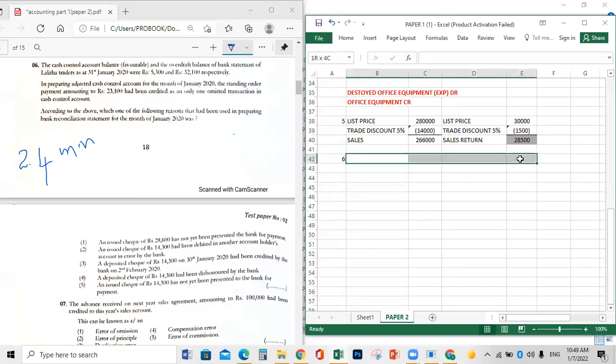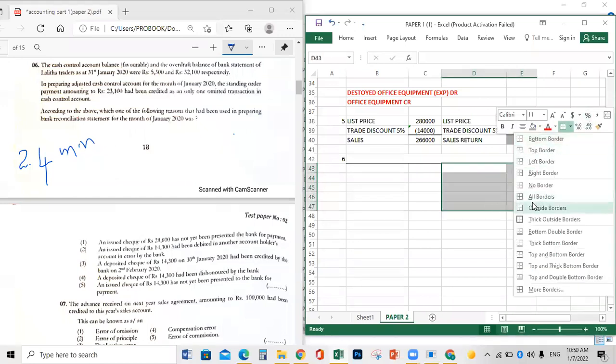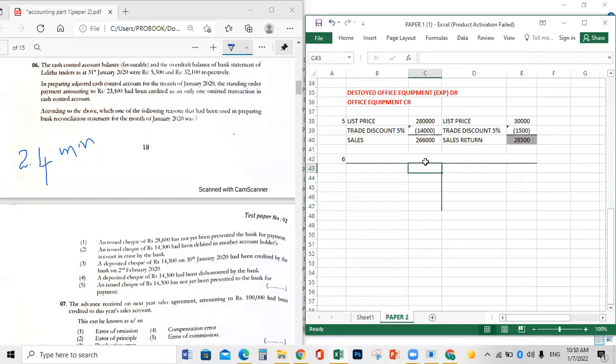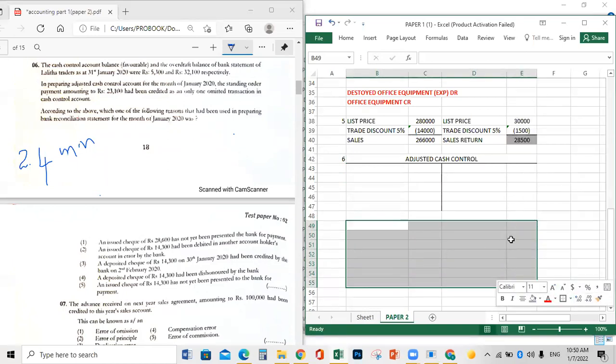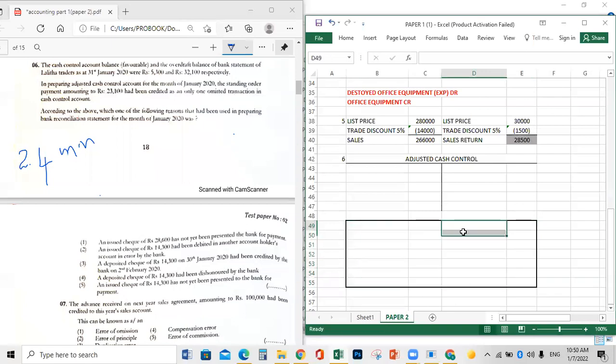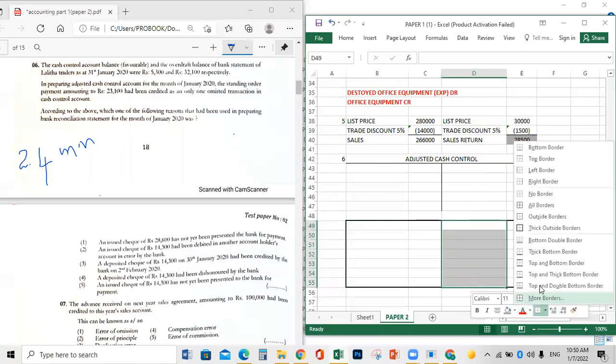I'll quickly draw, guys, the adjusted cash control. If you are done with this question, try the next one. The paper is there in the group. Adjusted cash control, and then here, the bank reconciliation. I don't know whether they're asking this, whether we need this or not. I'm just quickly drawing and keeping. If we need it, it will be easy, no?